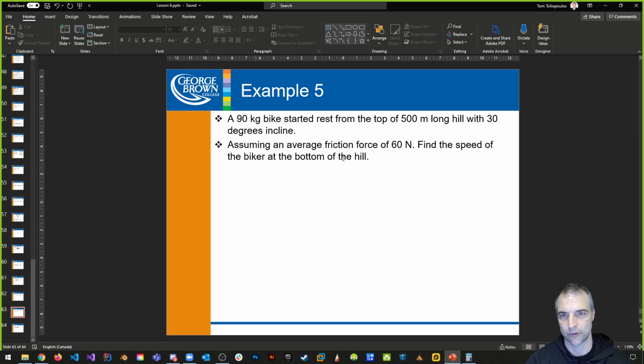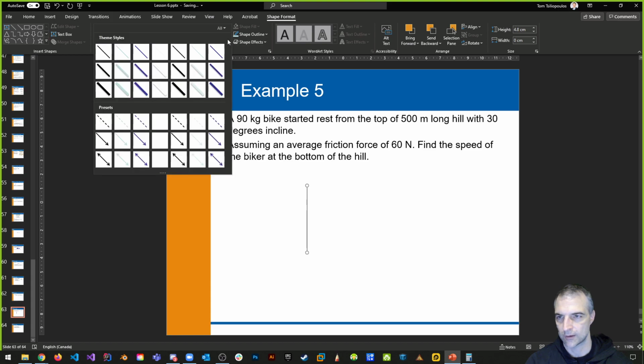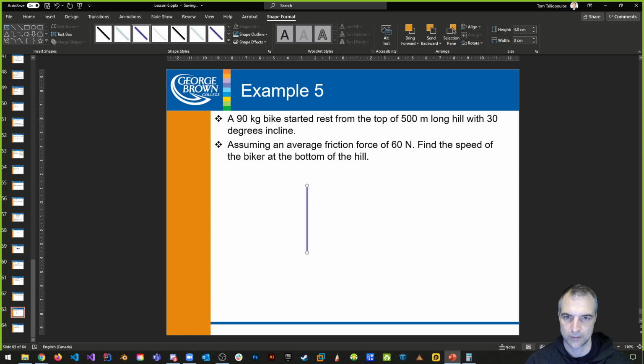Let's map it out for a second. I'm going to draw it out so you can get what I'm saying. Here is the hill. So let's draw it so we can see it. Okay, so that's the hill, and it says the top of a 500 meter long hill with a 30-degree incline.